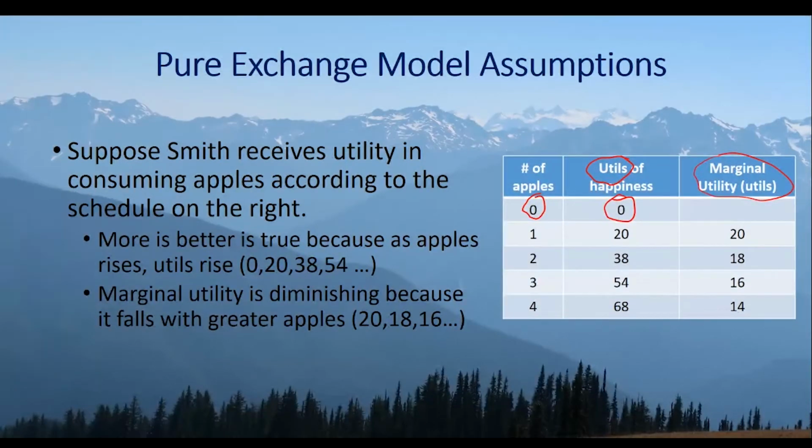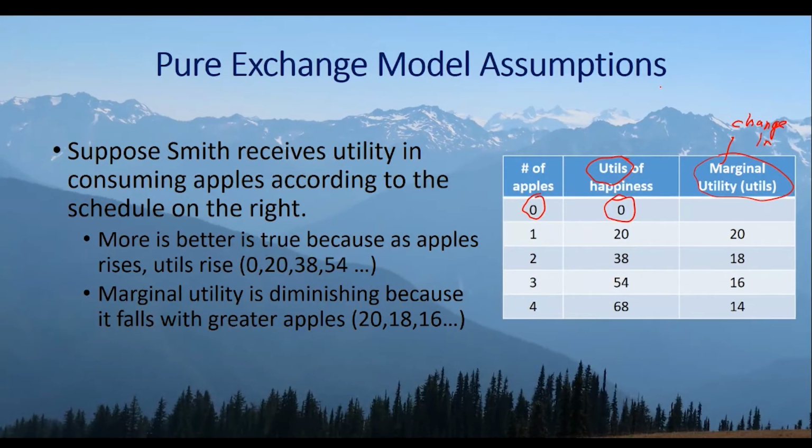Now, first of all, marginal means change in. Marginal means what is the change in utility? And now we have to ask, change in utility given what? Well, it's the change in utility given a change in the quantity of apples consumed.